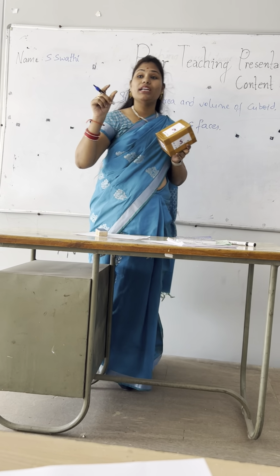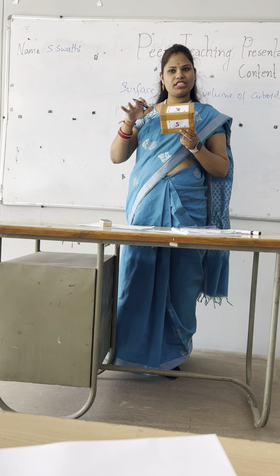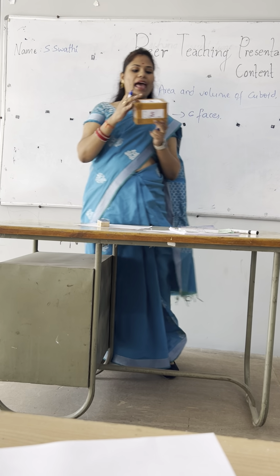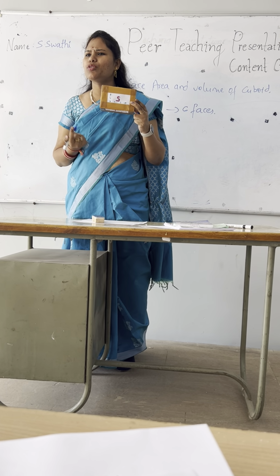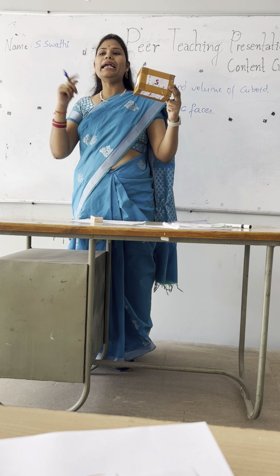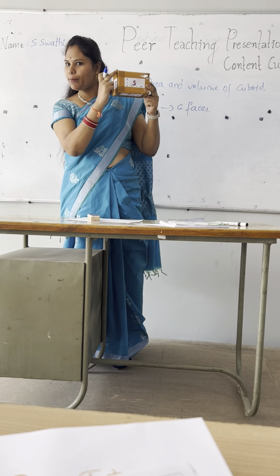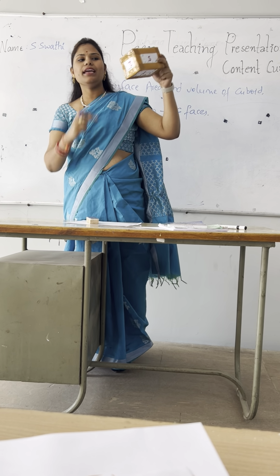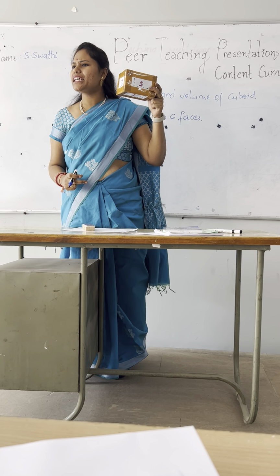So let me tell you what vertices are here. First we'll learn about edges, then we'll go to vertices. So we have some edges here. There are 12 edges here. So how is ma'am telling 12 edges? You might have this question in your brain. Are you understanding me?